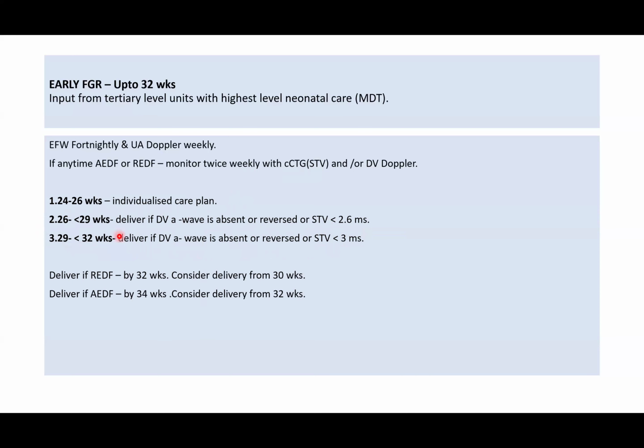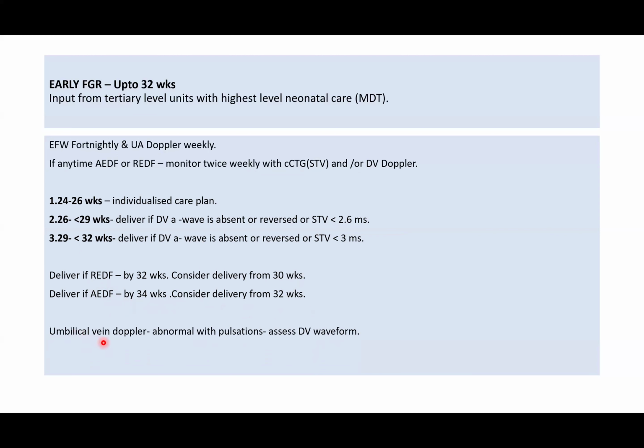Now, this is important: if at any time there is reversed end-diastolic flow, then we have to deliver by 32 weeks, and consider delivery from 30 weeks. If at any time there is absent end-diastolic flow, we can wait for a while. Delivery can be by 34 weeks, but we should consider delivery from 32 weeks.